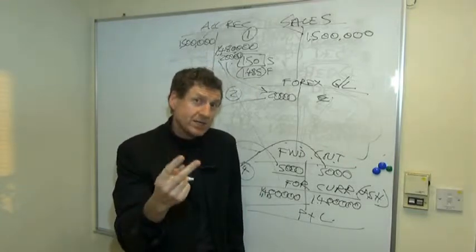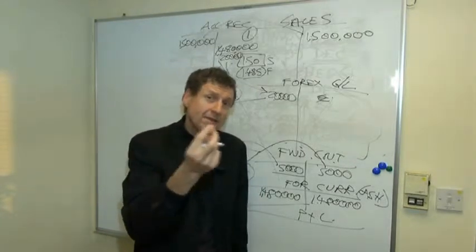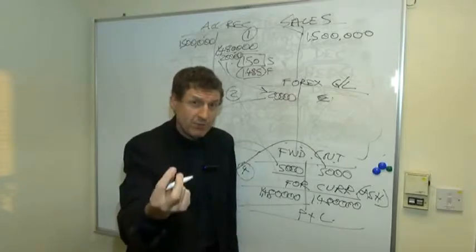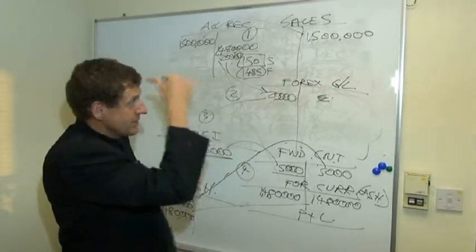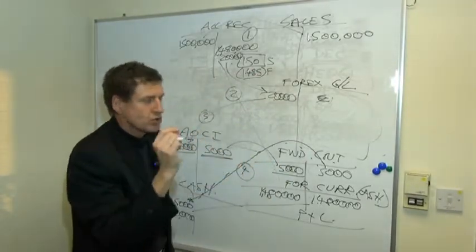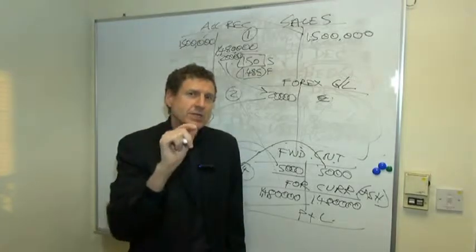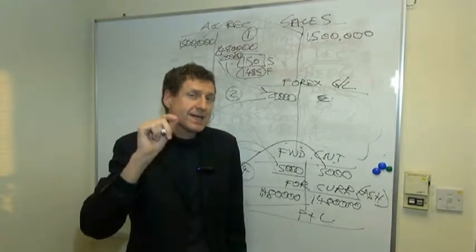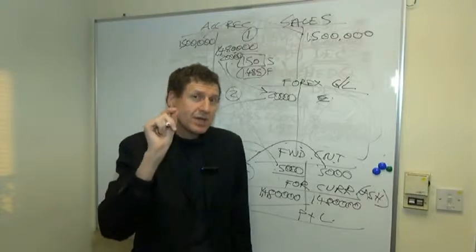And there are two types of hedges. There is a forward contract hedge and there is an option hedge. Under the forward contract hedge, what I've explained to you now is that the purpose is to try and protect some of that risk. You're not going to be able to protect all of it perfectly, but you can get some of it.